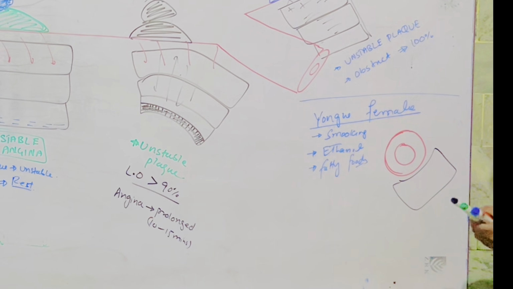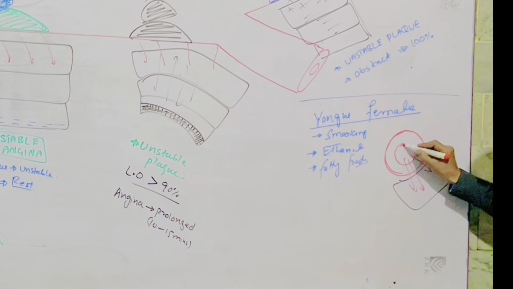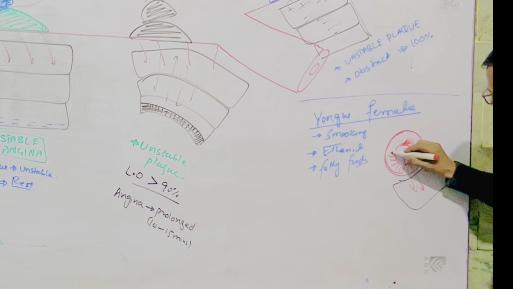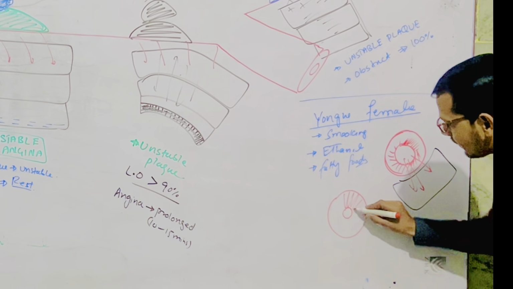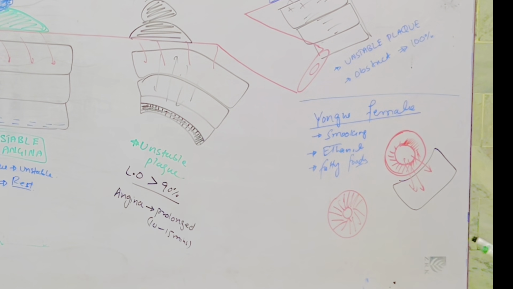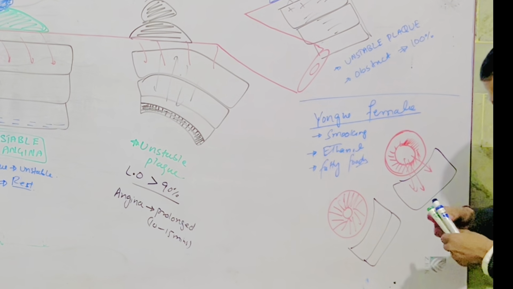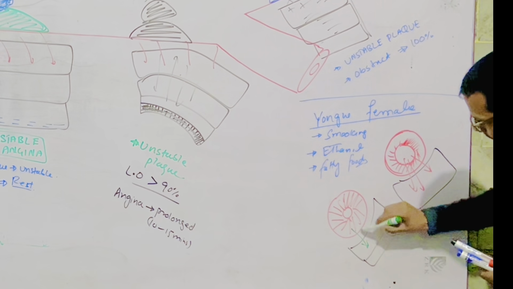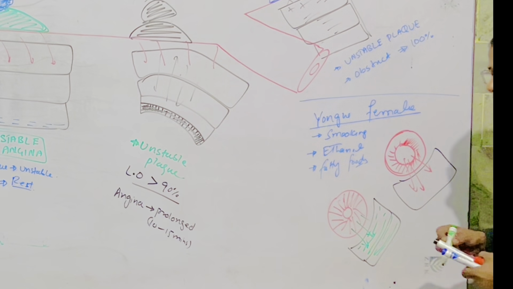Normally it supplies full blood supply to this myocardium, but due to these intakes, the coronary artery constricts, and it will supply low or no oxygen to the myocardium, and all these cells are affected.